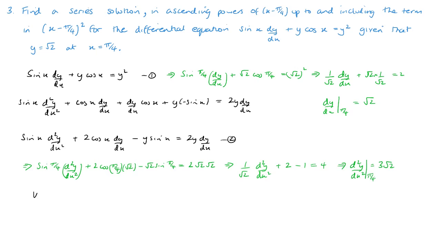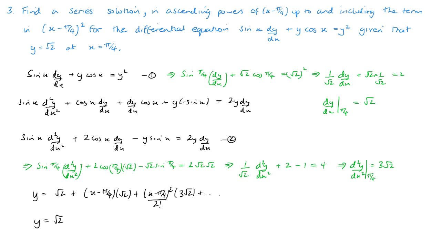So we get y equals, so y at x0 is root 2 plus x minus pi by 4 times dy by dx, which is root 2, plus x minus pi by 4 squared over 2 factorial times d2y by dx squared, which is 3 root 2.